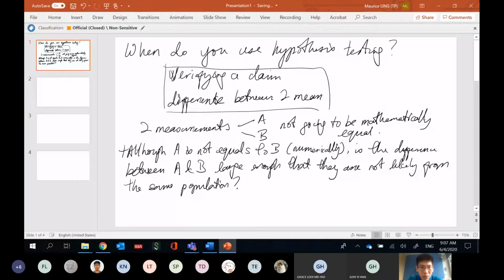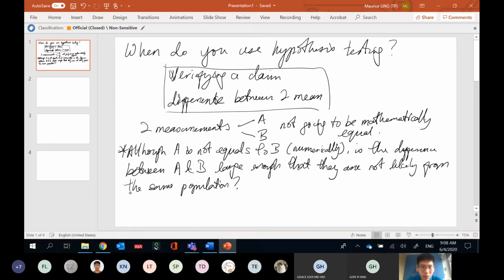Okay, so this is the question that all hypothesis testing is trying to ask. A and B, you always get some differences. It could be the 5th decimal point difference. It could be the 1st decimal point difference. It doesn't matter. But is the difference large enough that they are not likely from the same population?